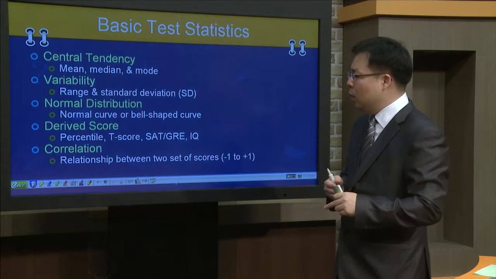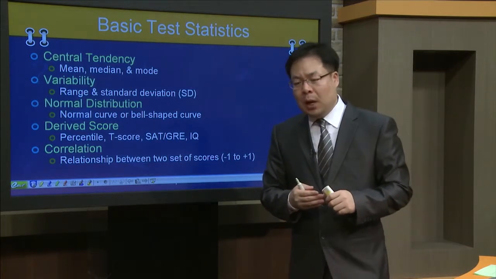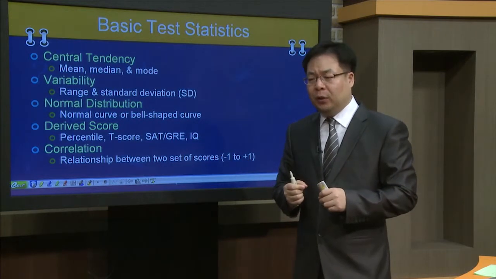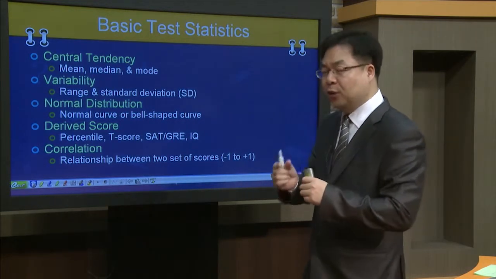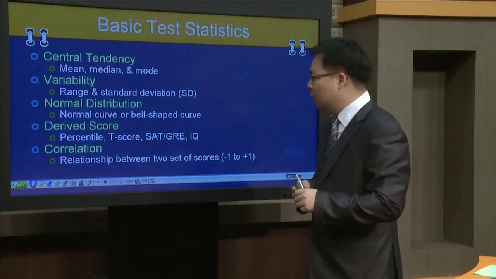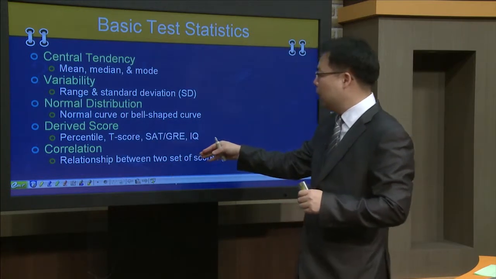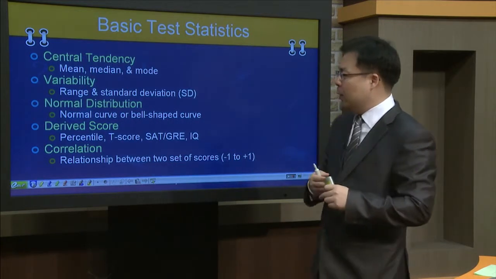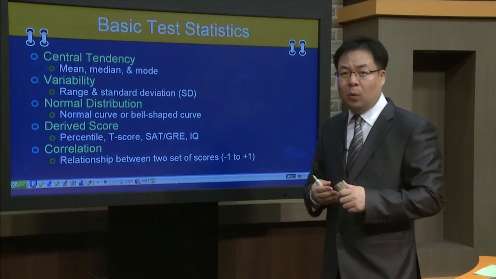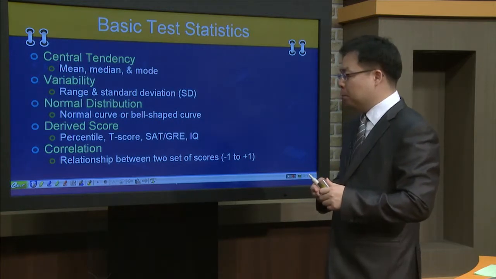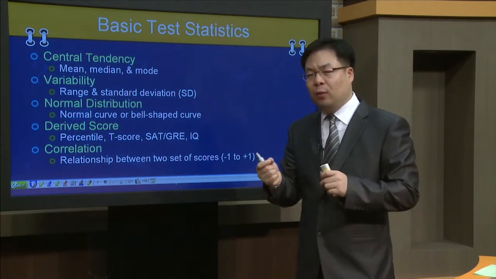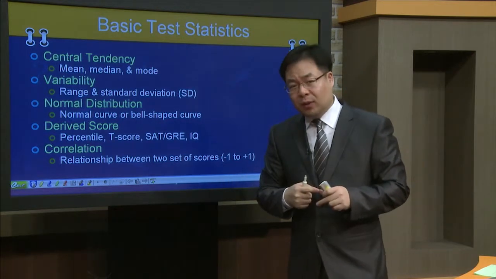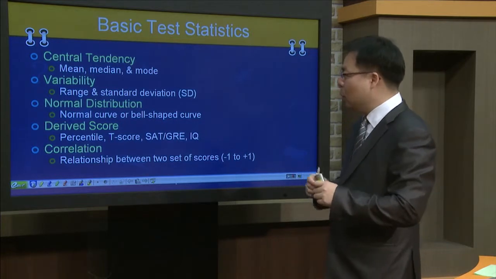And derived score: sometimes we want to compare a certain score across two different tests, so we sometimes use a standardized score. For example, T-score, and other scores like SAT and GRE, are standardized, derived scores. The original score is transformed by considering the mean and the standard deviation, so we can compare the scores.